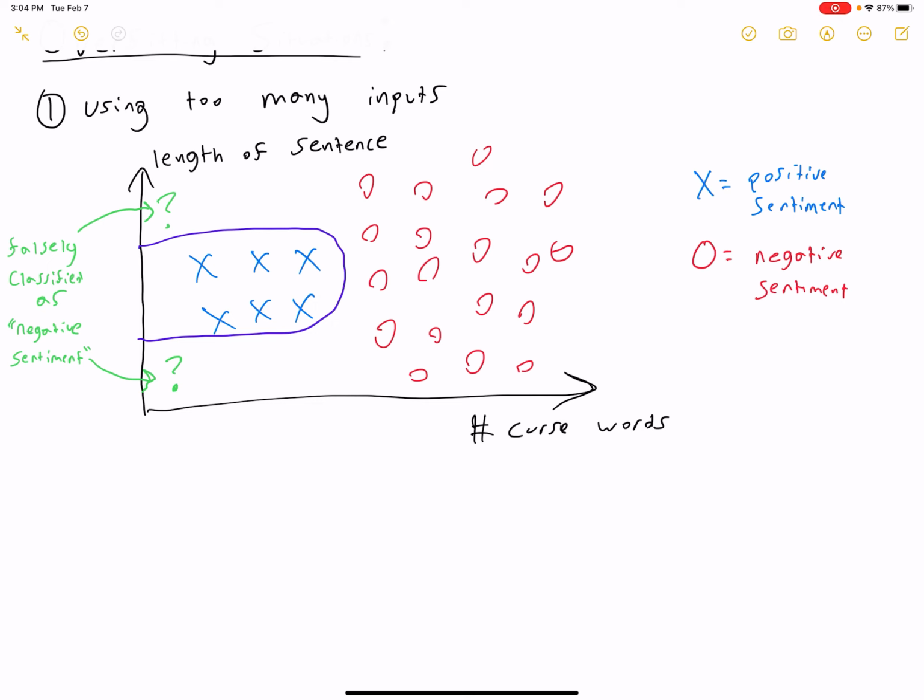So because we considered the length of the sentence, which doesn't really have anything to do with the sentiment of the sentence, and because just randomly the positive sentiment examples in our training set happen to be mid-length, whereas the negative sentiment examples had all sorts of lengths, our model falsely learned that bias.